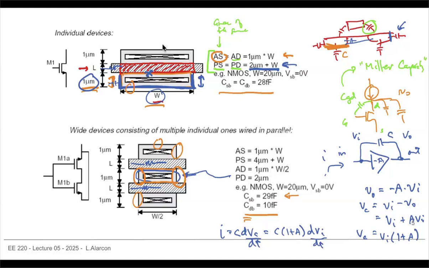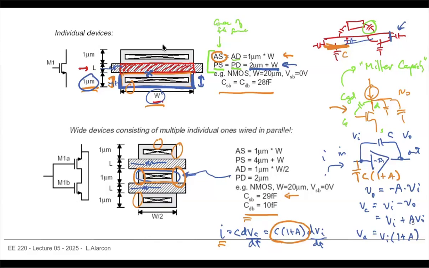So every time you have a capacitance across an inverting amplifier, and obviously a common source amplifier is an inverting amplifier, what happens? It looks like the current I need is the same current I need to charge a capacitance at the input with value C times (1 plus A), because this looks like the actual capacitance you're charging.